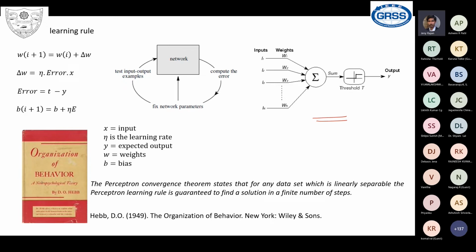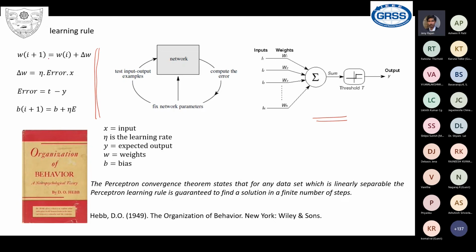If the output is not close to the ground truth, that means the values that we initialized are not correct. We have to correct the values of the parameters, and that correction is done with the help of a rule called the perceptron learning rule, and this is how the perceptron learning rule is described.